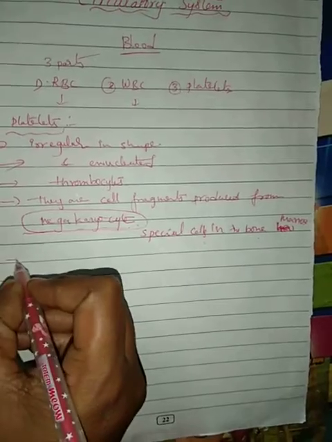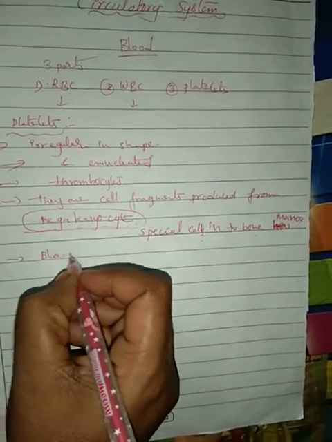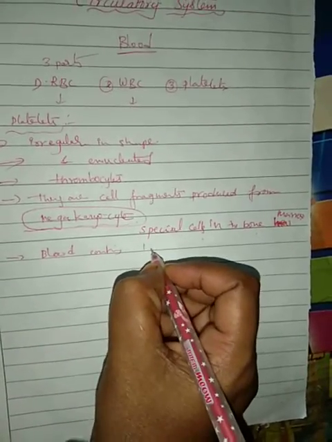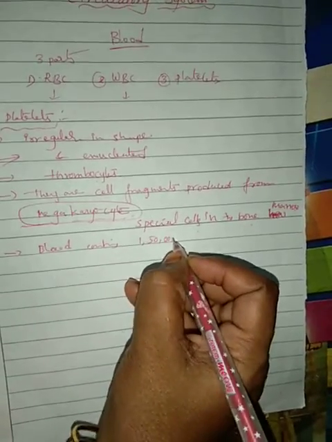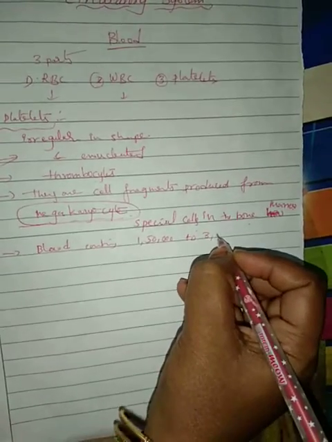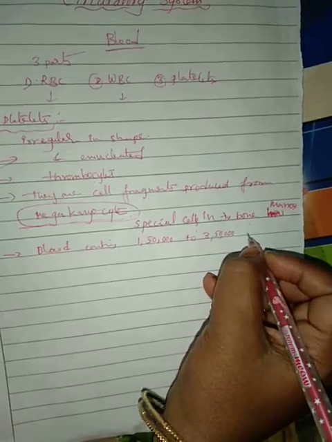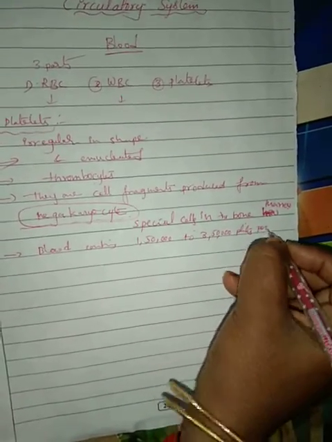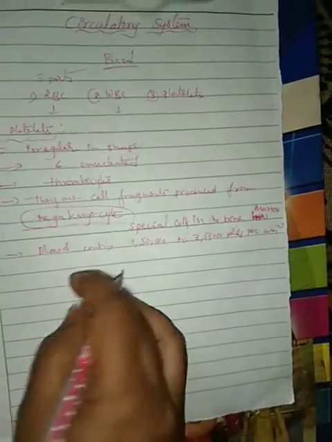Normally the blood contains 1,50,000 to 3,50,000 platelets per mm cube.